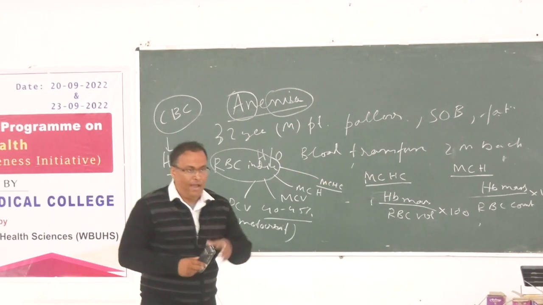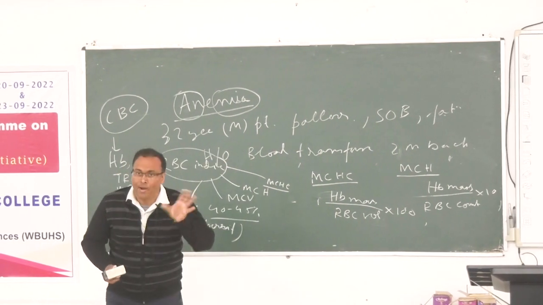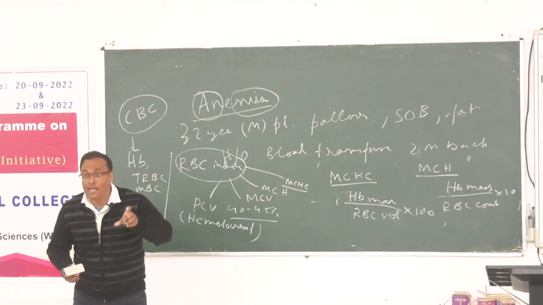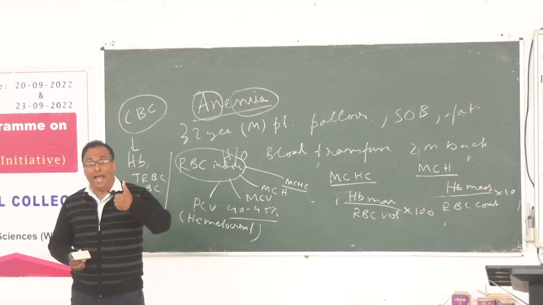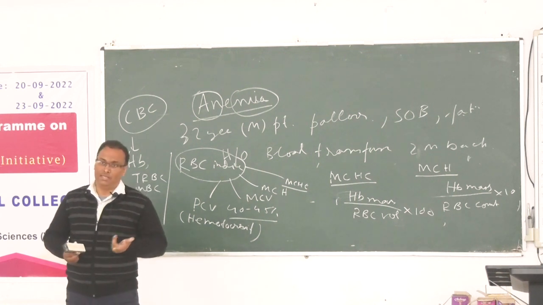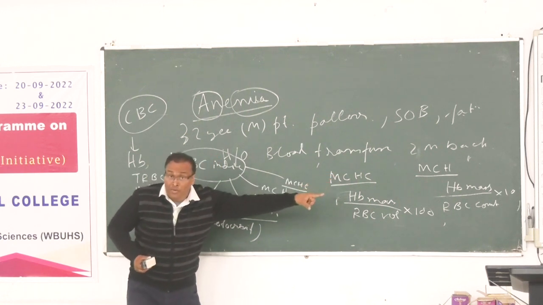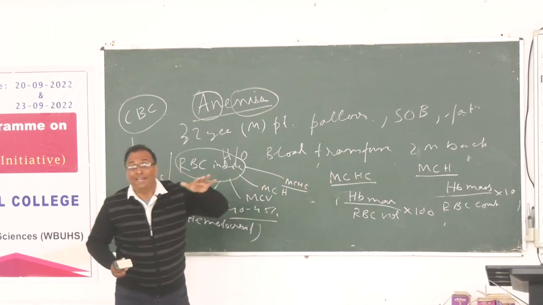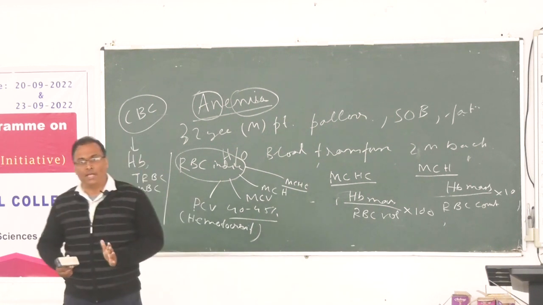MCH means the average amount of hemoglobin per RBC cell. How much hemoglobin is there in one RBC cell? And mean hemoglobin concentration means how much hemoglobin is there per unit volume of RBC. Is it understood?